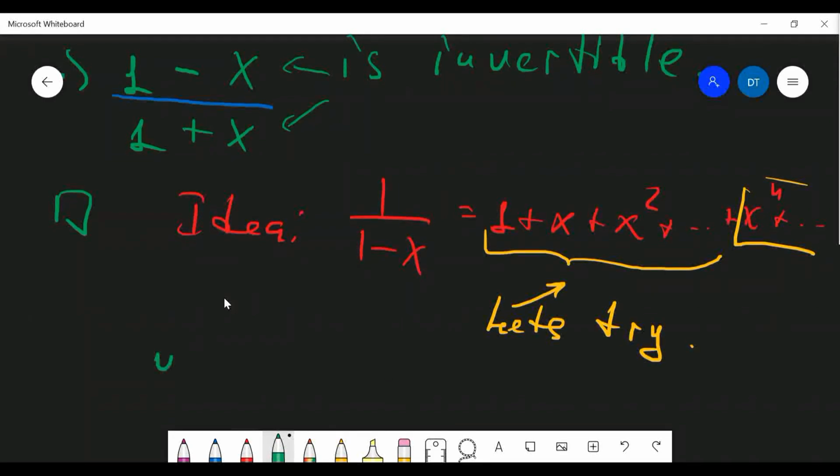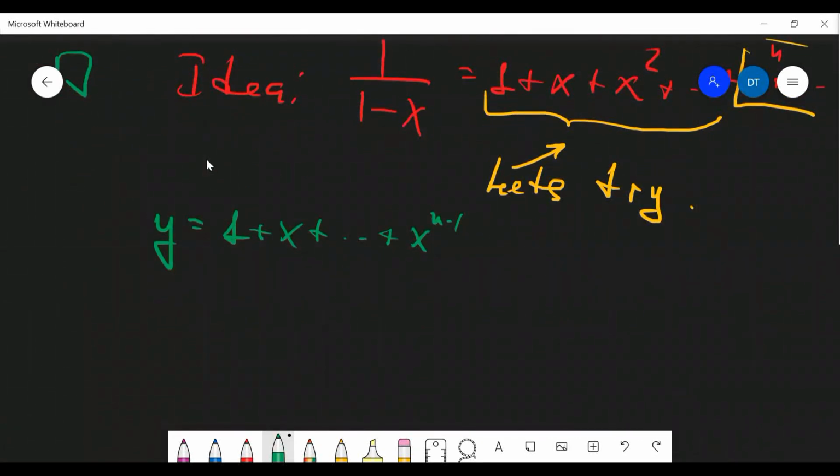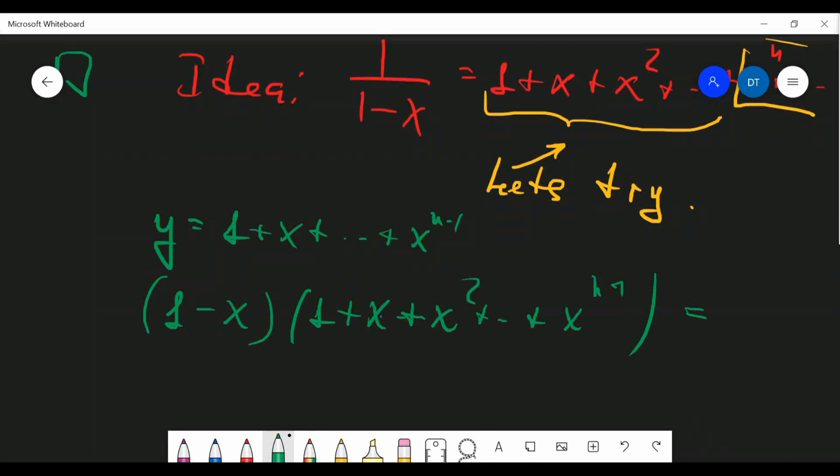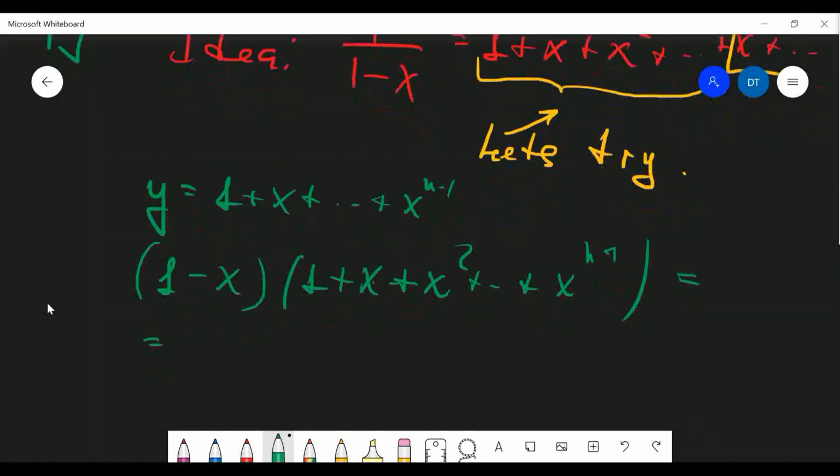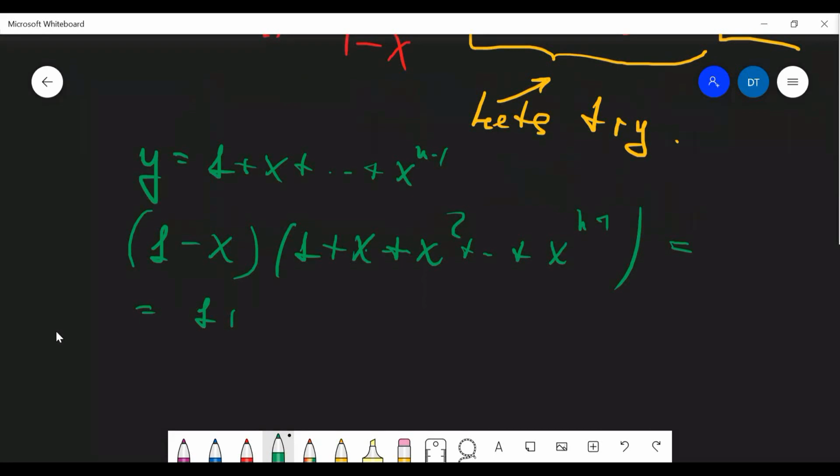Let's consider an element y, which is 1 plus x plus etc. plus x to the n minus 1. And let's multiply y by 1 minus x. It's enough to multiply from one side because the ring is commutative. When you multiply by 1, you get 1 plus x plus etc. plus x to the n minus 1.